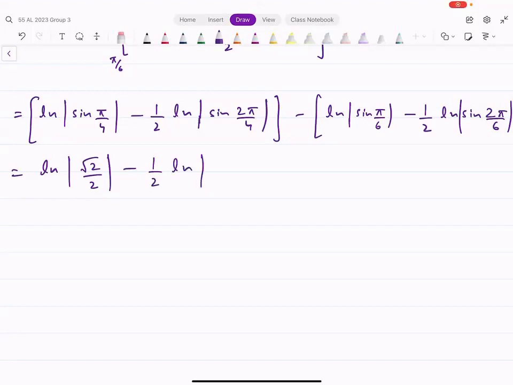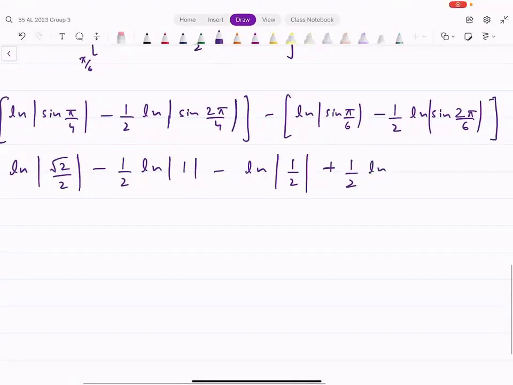What's that? Sin pi over 2 is 1. ये इनपुट करके दिखाना है। Minus ln of sin pi over 6. Sin pi over 6 is 1 over 2 plus 1 over 2 ln of sin pi over 3. What's that? Square root of 3 over 2.